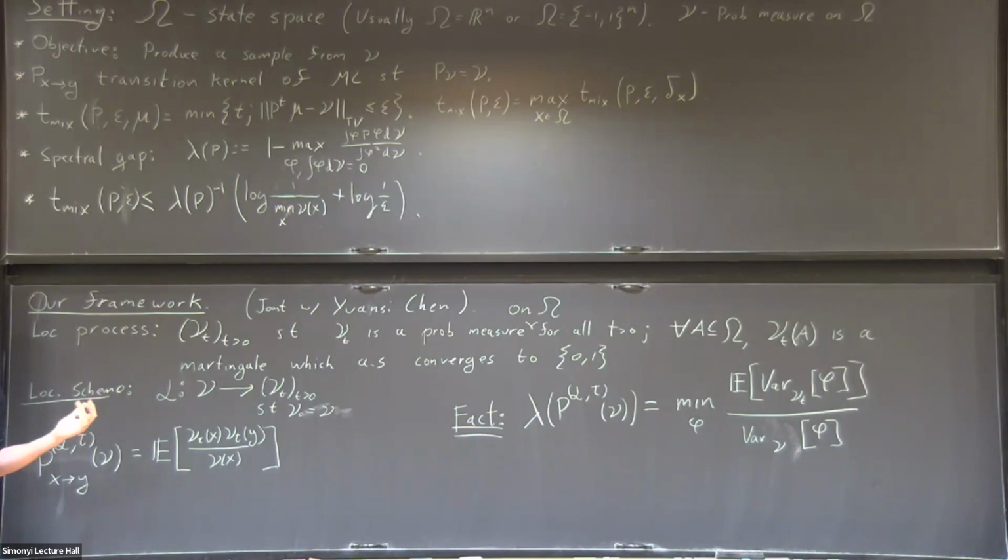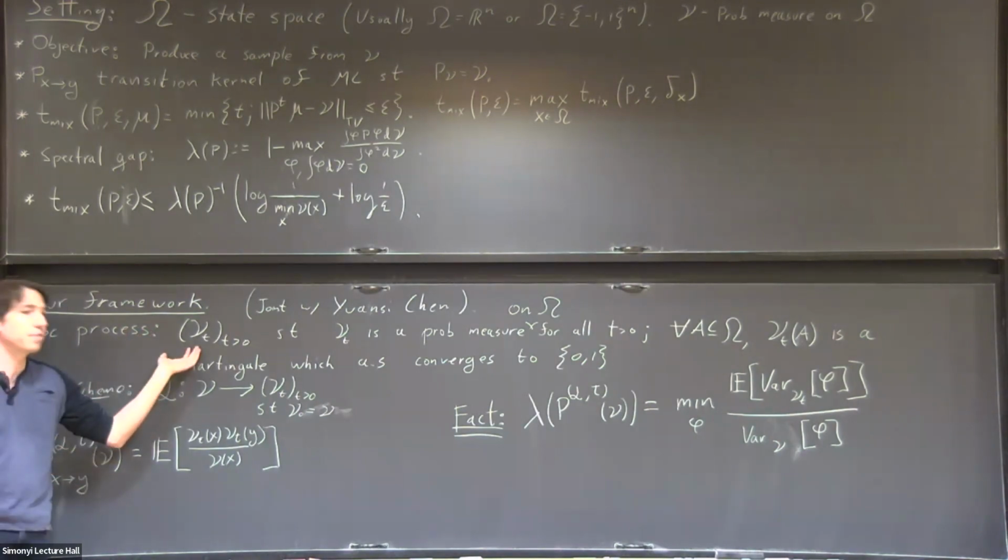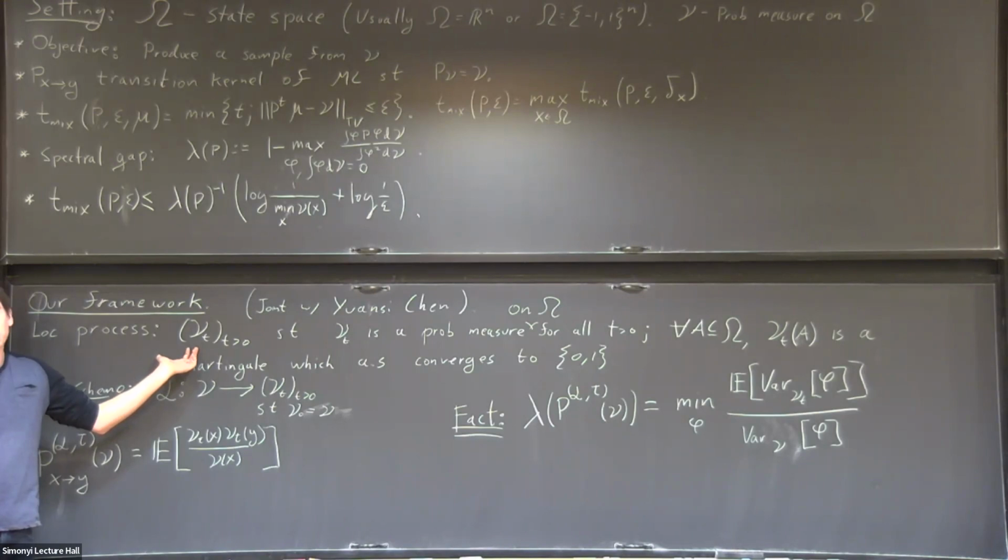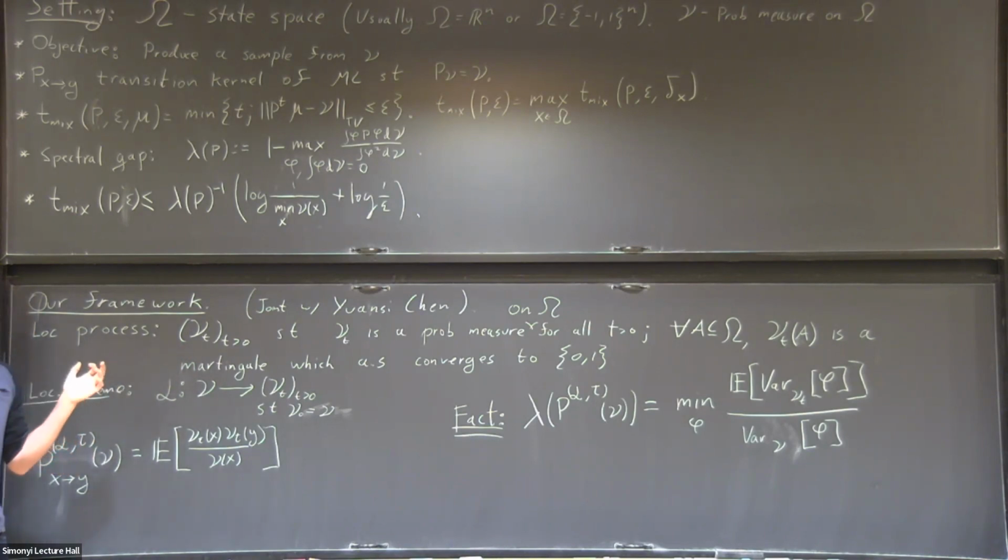So this can be thought of as a very twisted and convoluted way to sample from our measure. If we could actually run this thing algorithmically, which we do not intend to, this is just for the sake of analysis, then we can run this up to the time at which it converged to a point.